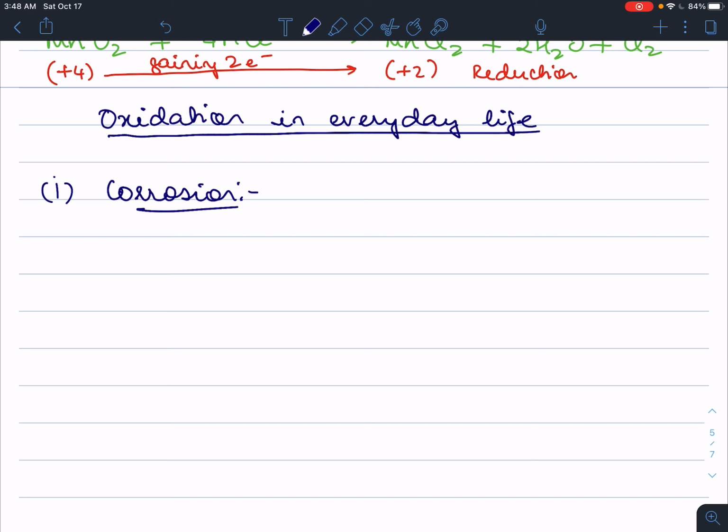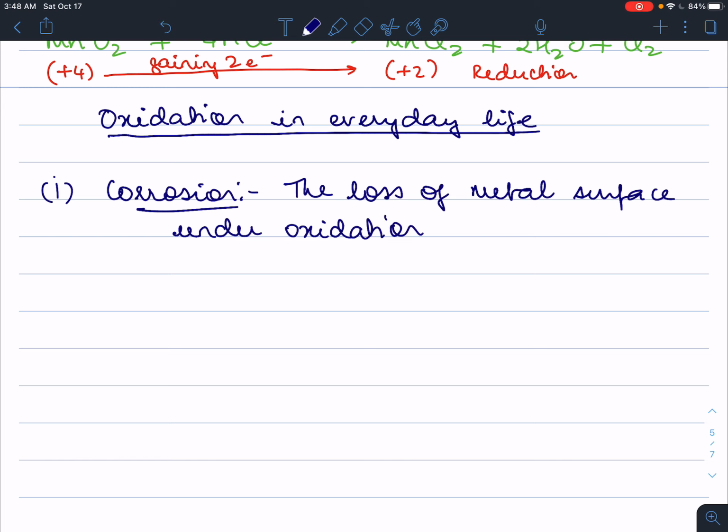If you keep iron open for too long, it rusts. That is because of oxidation. Oxygen in the air with water can combine with iron to give you rust, which is an oxide of iron. So we can say the loss of metal surface under oxidation is called corrosion.